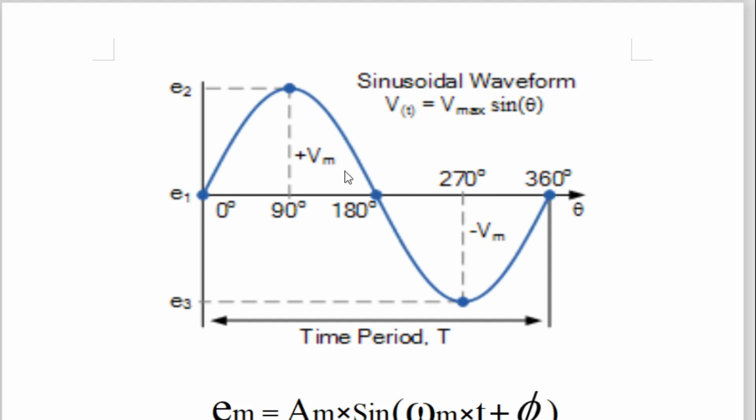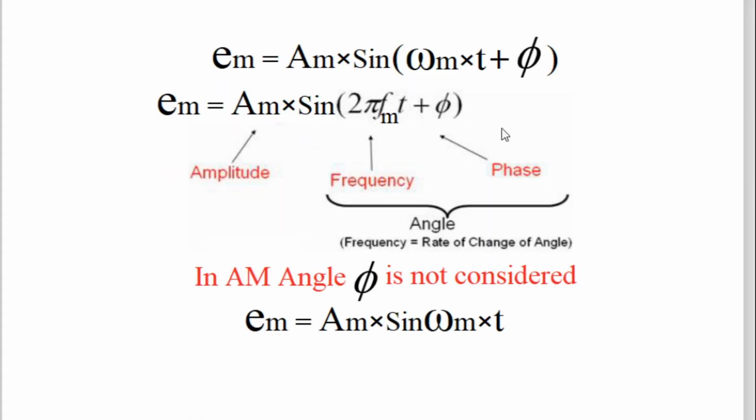Therefore Em, the instantaneous value of the modulating signal, is given by the equation Em is equal to Am, the amplitude of the modulating signal, into sine omega t. But instead of omega only, we have written omega m, with suffix m, because this is the angular frequency of the modulating signal. Therefore, omega m into t plus phi. Phi is nothing but angle.